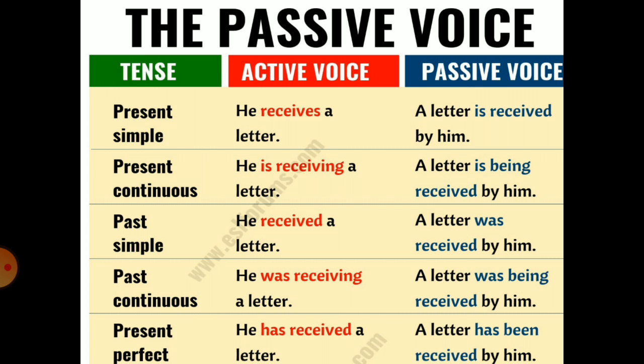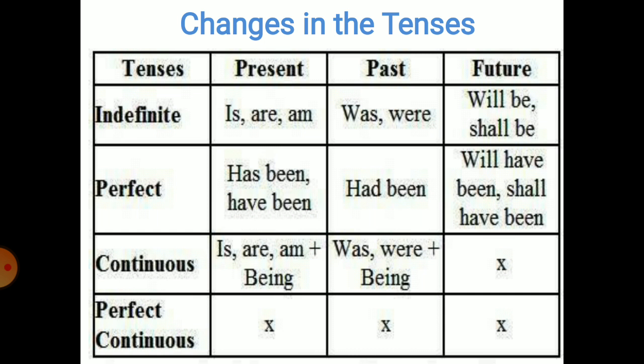Now, on the same basis, we'll go through these examples. First of all, simple present. He receives a letter. What we have done in our previous slide is, am, are to be used in simple present. So what will be our passive form of he receives a letter? A letter, why?